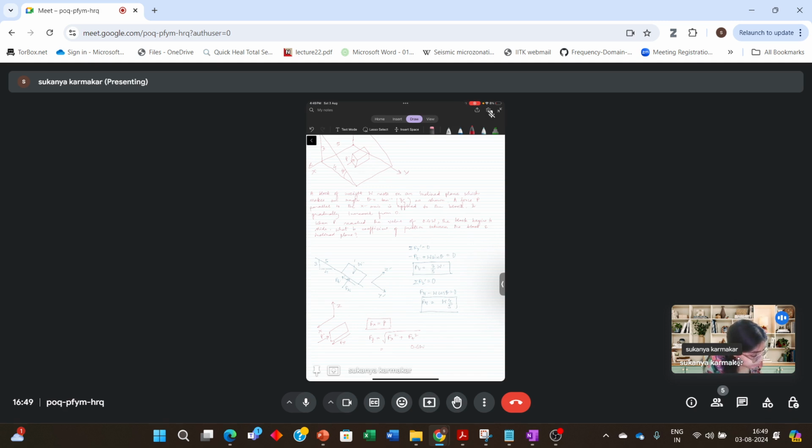In other words, Fx is equal to 0.4 W. So plug in: the square root of 0.4 square plus 0.6 square, that is, to the power 0.5, times W.